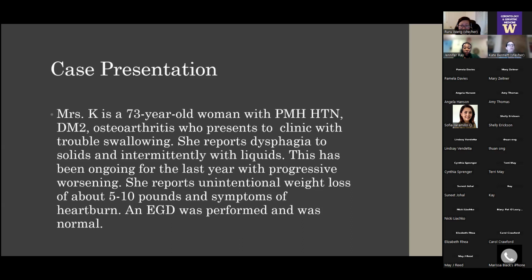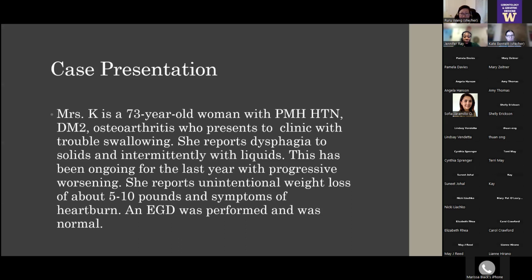She reports dysphagia to solids and intermittently will have dysphagia to liquids as well. This has been ongoing for the last year, but with progressive worsening. She also reports some unintentional weight loss of about 5 to 10 pounds and symptoms of heartburn as well. An EGD was ordered and performed, which was normal.